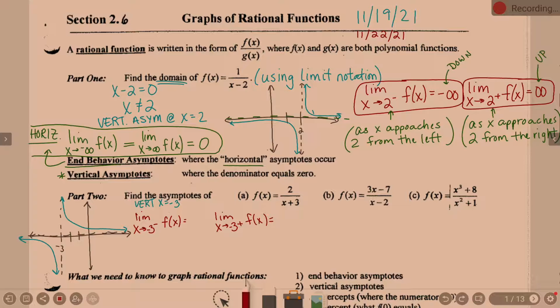Okay, do you know how to answer these questions? The limit as x approaches -3 from the left. That means I'm going to come over here to the left side of my graph, and I'm going to follow my graph, right? Where's my graph going? It's going down, down, down, down, which is equal to -infinity.